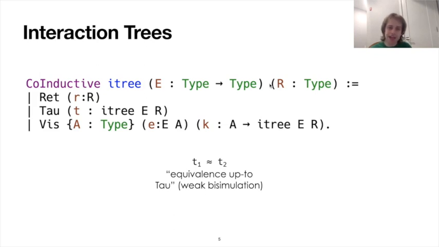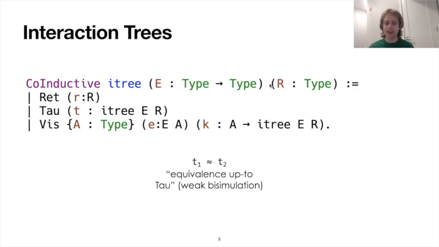viz, which takes in an effect E of type E A, and a continuation K of type A to tree E A. Read this where the input A is a possible evaluation of this effect E, and then K is just telling you how to continue once that effect has been resolved. And then tau nodes represent internal silent steps of computation.